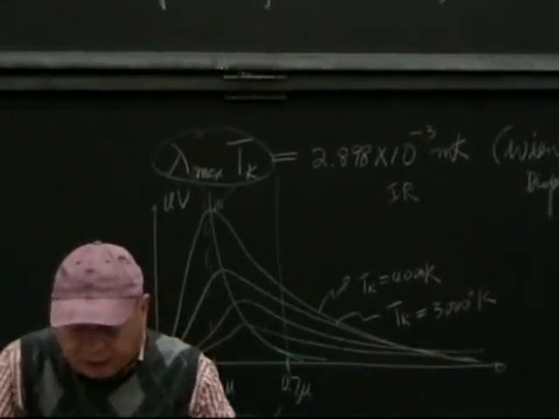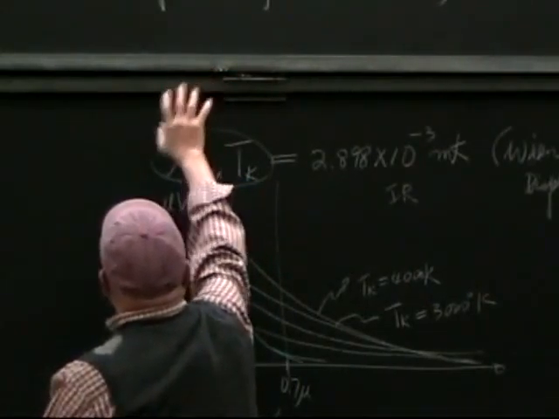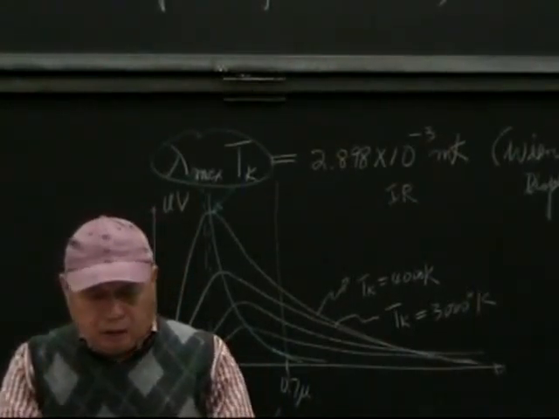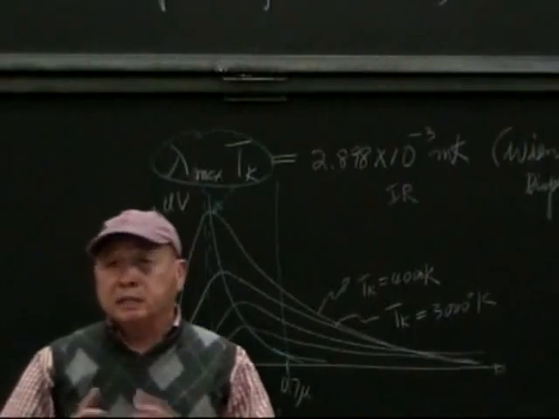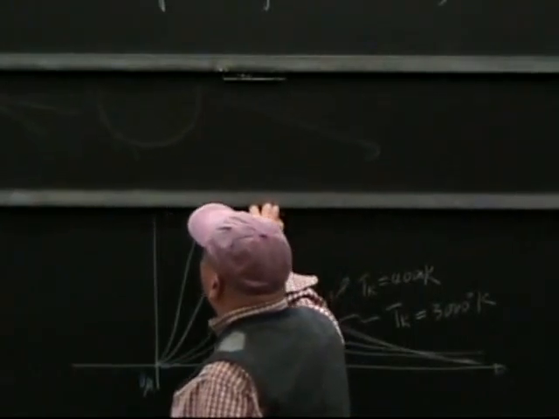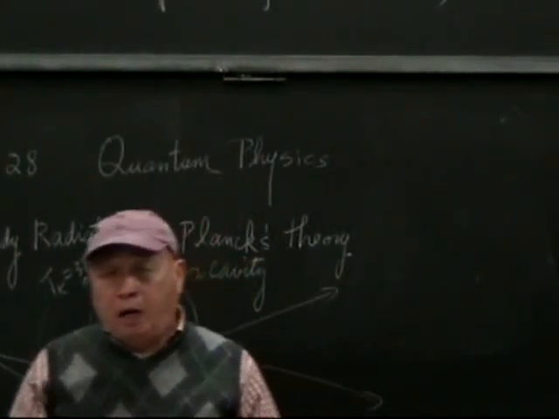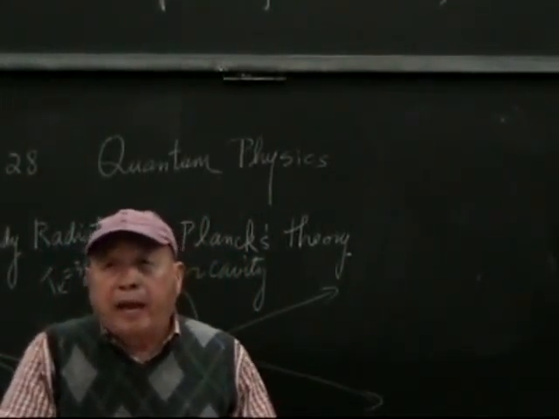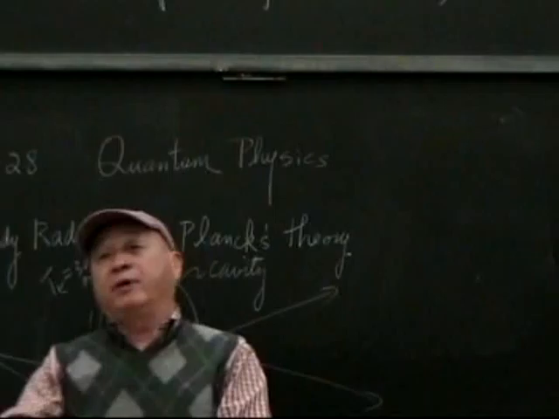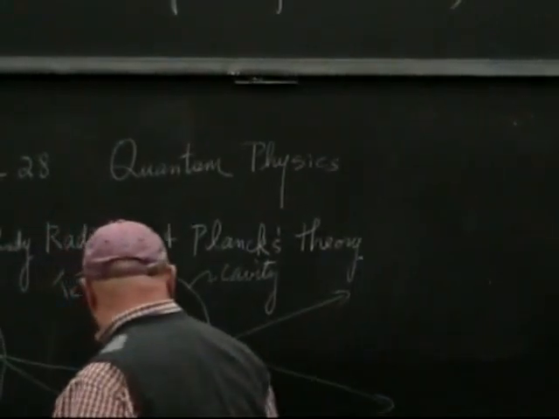So what did Max Planck do next? In order to derive those equations, he considered each wave as a particle. It's called a photon. Each wave was originally a wave, and each wave has a wavelength and what we call energy.